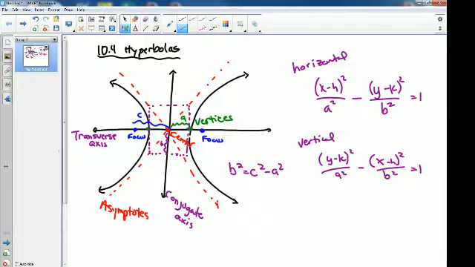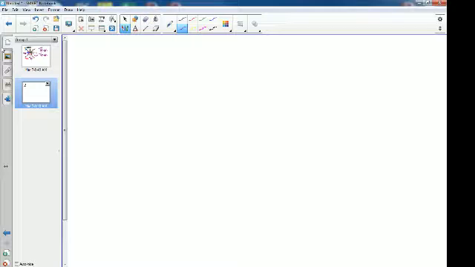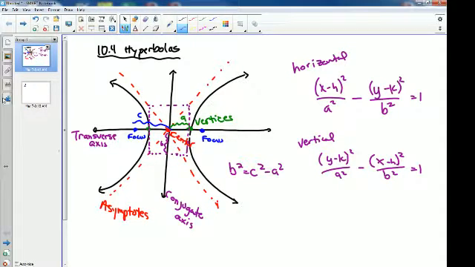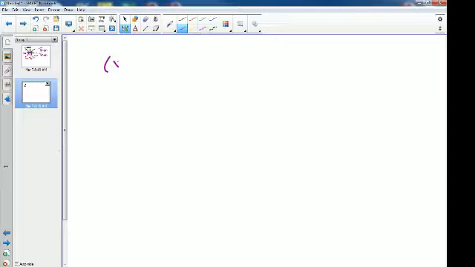Okay. Here's an equation. So if it's the bigger number, and it's positive, then that automatically makes it vertical, like if those two were switched, the bottom number.